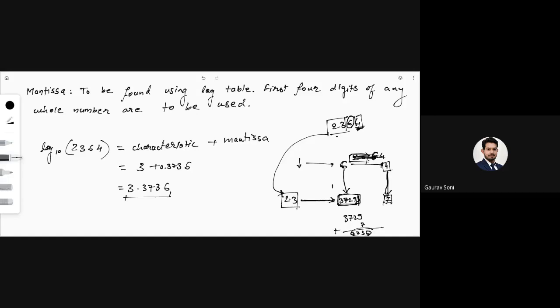So I have to add this 7 to this number 3729, and whatever I have got, 3736, this is my mantissa. So I have to write it down as 0.3736. When you add this to 3, 3.3736, this is the log of 2364. Okay.